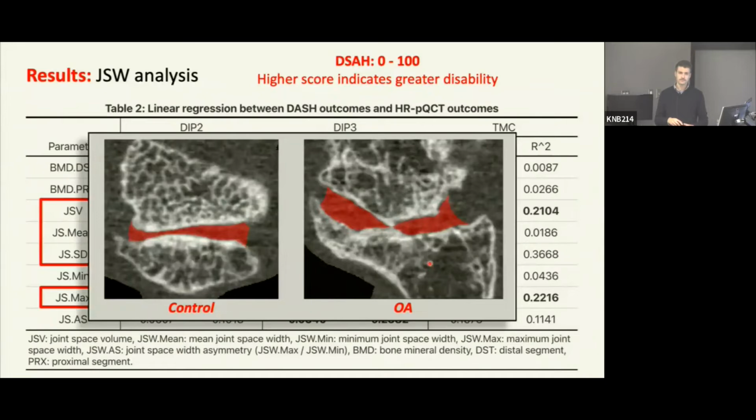When you have osteoarthritis in the TMC joint, you can have a bad day and then good weeks and good months. And I'm wondering if that would be reflected in the joint space. When I'm fully hydrated and not having a good month, it's big. So I guess I'm wondering, do you do longitudinal measurements of this?